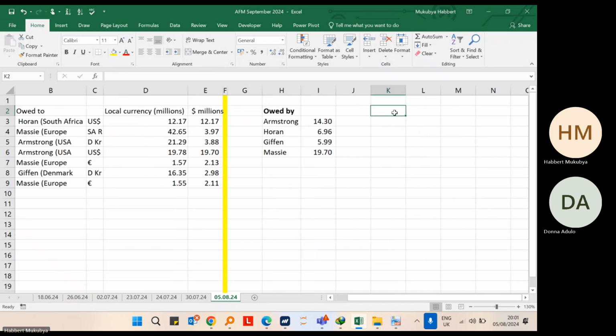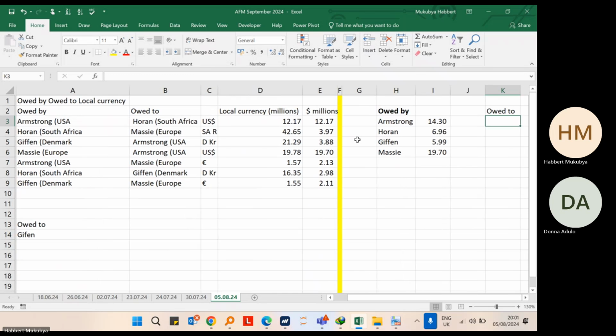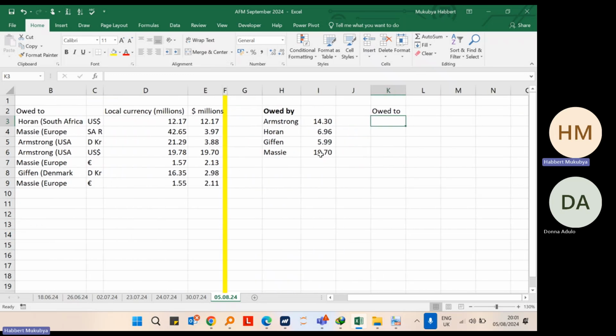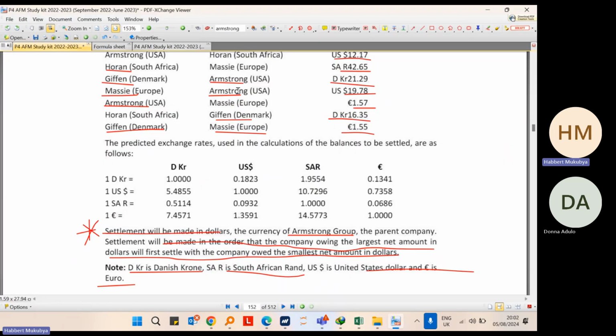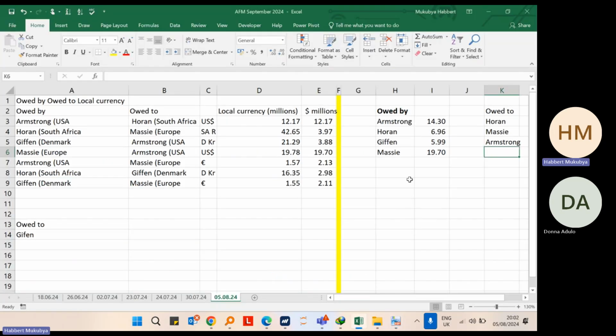Now, if I set the owed to, again I'll have the same companies. I'll have Horan, Massey, Armstrong. Wait, I have two Armstrongs. Let me first confirm that. Okay, yeah, I have Armstrong twice. Then I have Giffen.